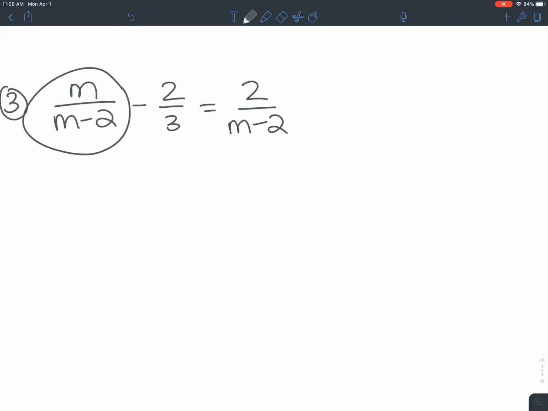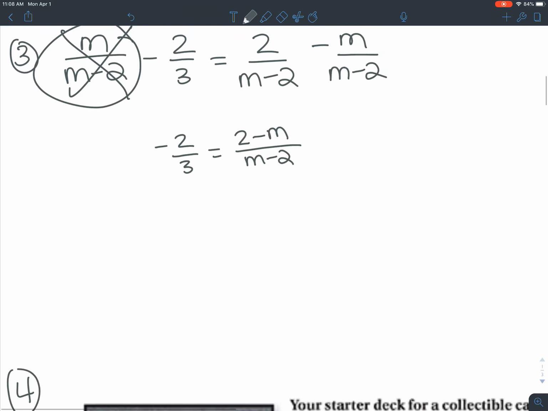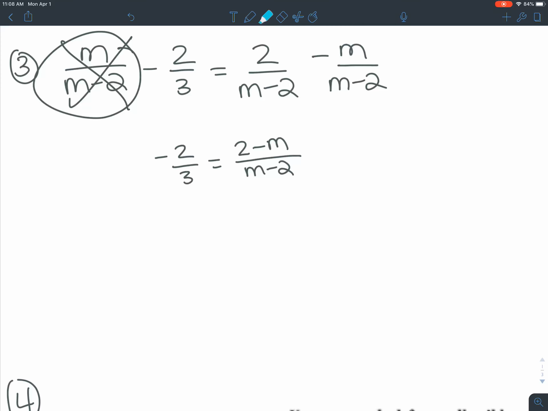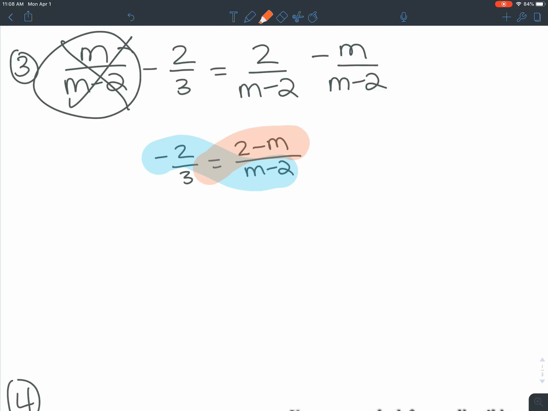So if I subtract this fraction from both sides, then that one goes away, and I'm left with negative 2/3 equals 2 minus m over m minus 2. I now have a fraction on each side, and I can cross multiply. There are other things that we could do as well, so we don't always have to do it this way, but this one will work as well.